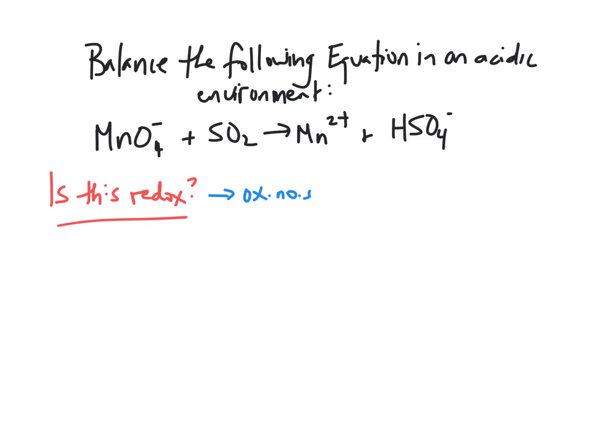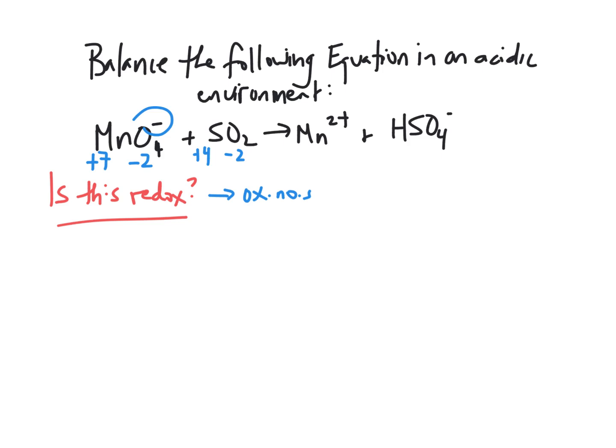So starting with MnO4 minus, we know that oxygen's a -2. If oxygen's a -2, and there's 4 of them, that's a total of -8. And we know that the total charge has to be -1, so Mn, manganese here, must be a +7. Okay, so just a little bit of mental algebra there. Over here, SO2, if oxygen is a -2 like it usually is, then that means sulfur is +4.